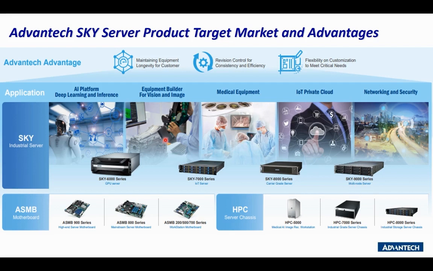Each of these series has its own capability and benefit. We also have server motherboards that can be customized according to user application. The advantage that Advantech provides to the customer, of course, is that the server has a long life. Also, customers can customize their server PC based on their request.